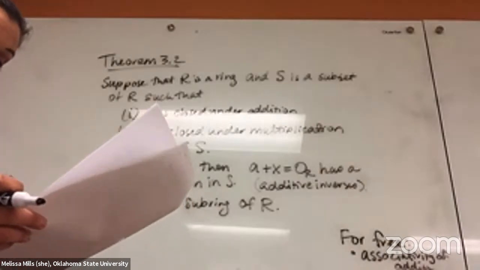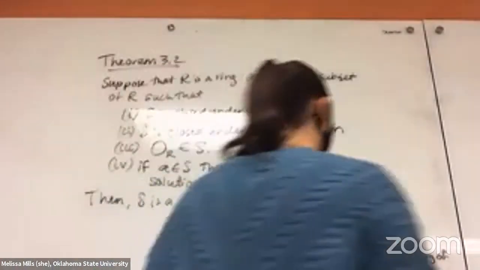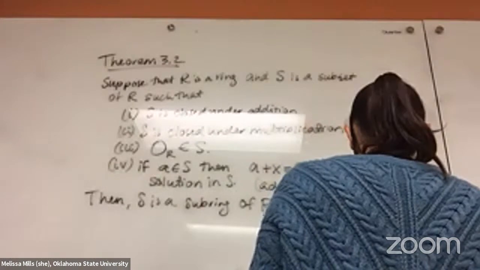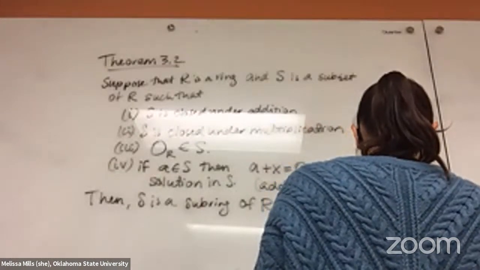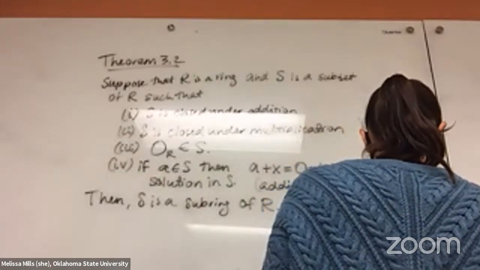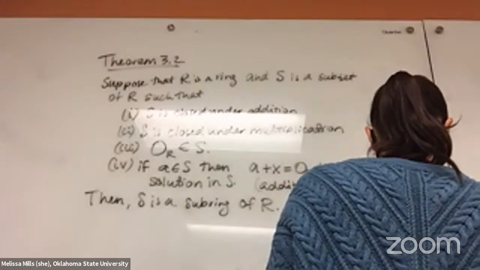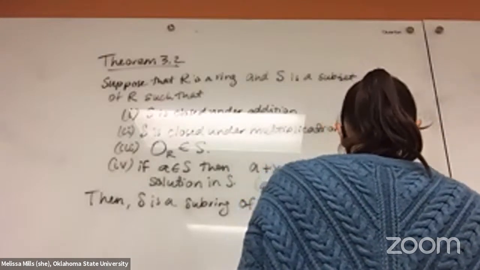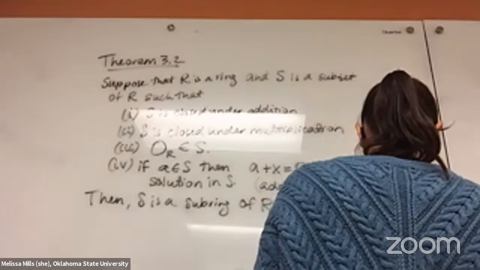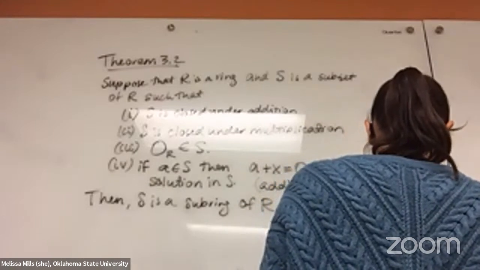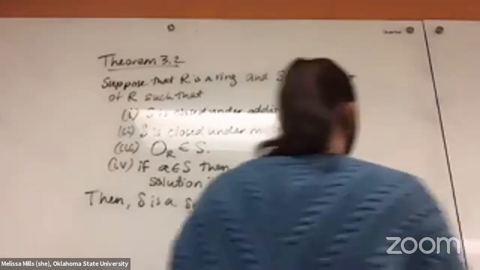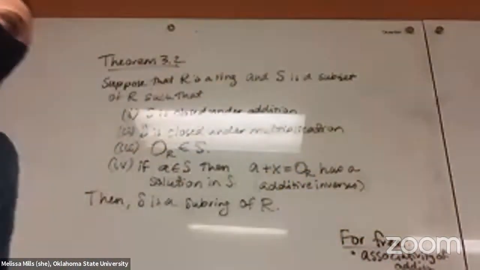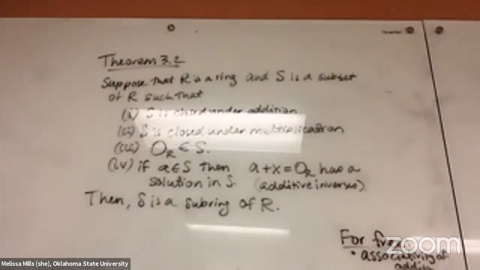And we get associativity for multiplication and the distributive property for free. So basically, we get those things for free because S is a subset of R, and then we have to check these things hold.